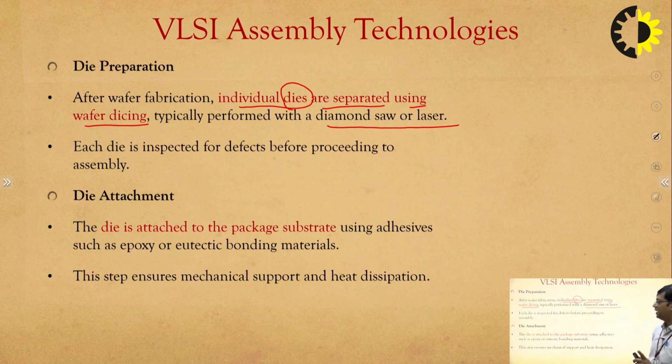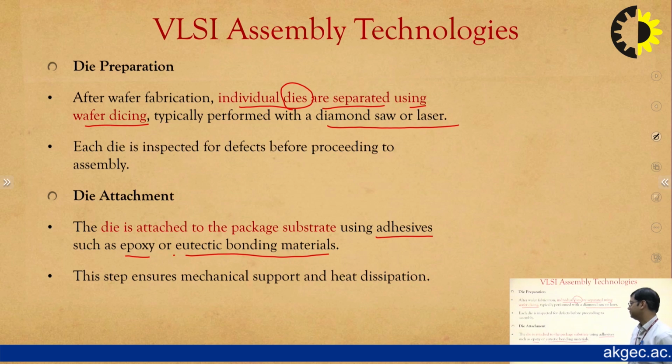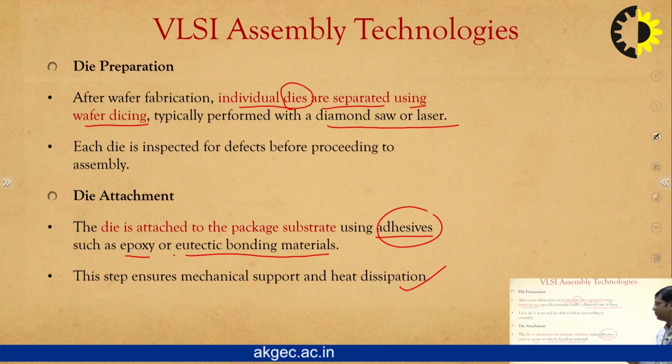Second is die attachment. The die is attached to the package using some adhesive such as epoxy or eutectic bonding material. This step ensures mechanical support and heat dissipation. So, we are using some kind of adhesive material to attach the die with the package substrate.